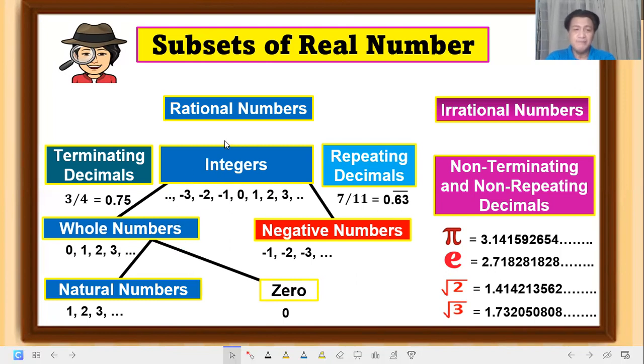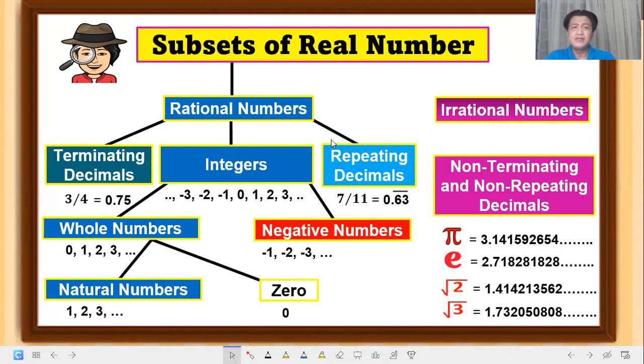Andyan yung positive, negative, tsaka 0. Okay? And of course, pag pinagsama natin yung integers, terminating decimal and repeating decimal na ka-convert siya if that is a fraction, we call that rational numbers. Ibig sabihin, they are subsets of this group.